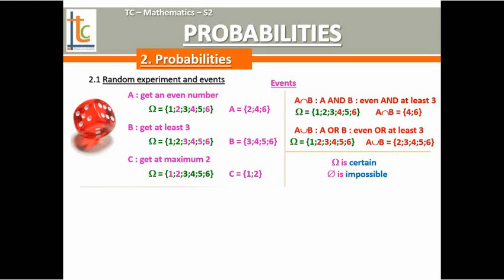Why did it have to be like that? Because our formulas that will begin to appear are sure and right if omega is certain and the empty set impossible. That means that if you roll your die, you are sure to obtain something inside omega.